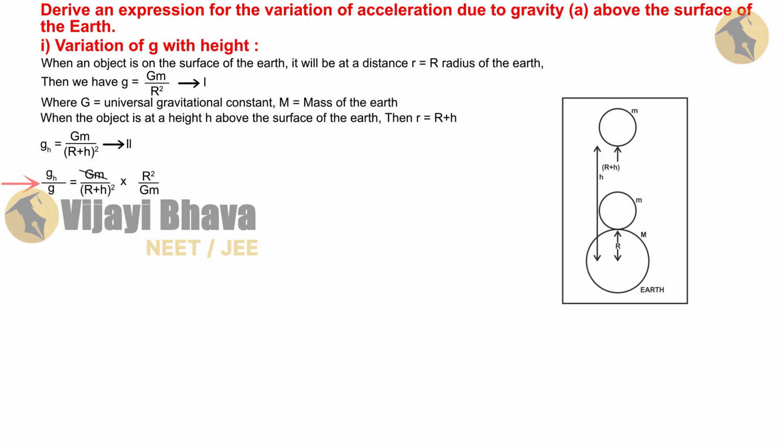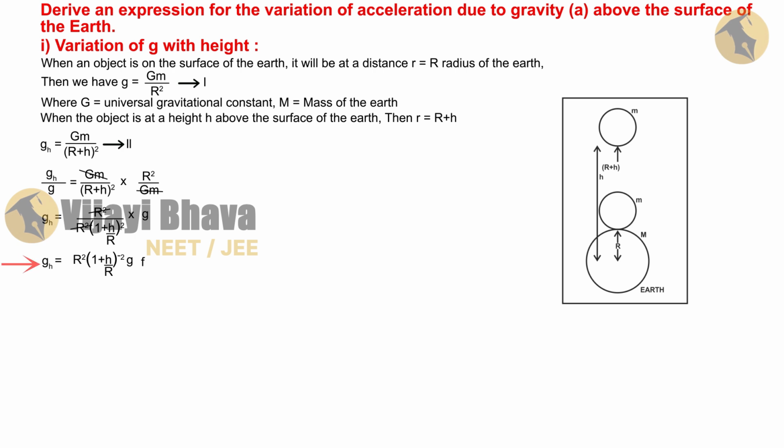Here GM and GM get cancelled. The remaining can be written like this: gh is equal to R square by R square into 1 plus h by R whole square into g. Cancelling R square, we get gh is equal to 1 plus h by R whole power minus 2 into g.